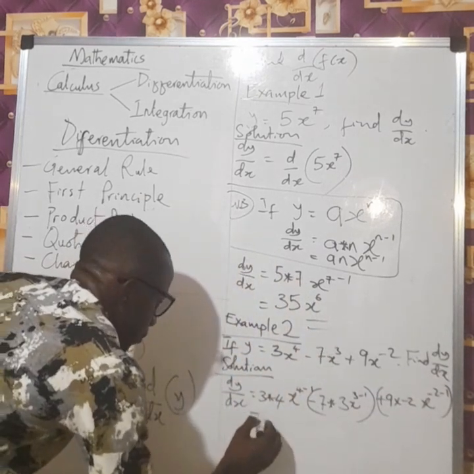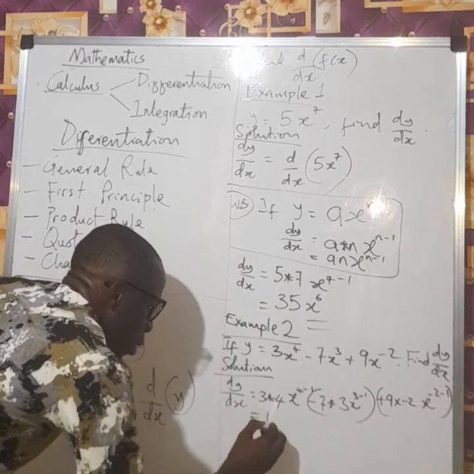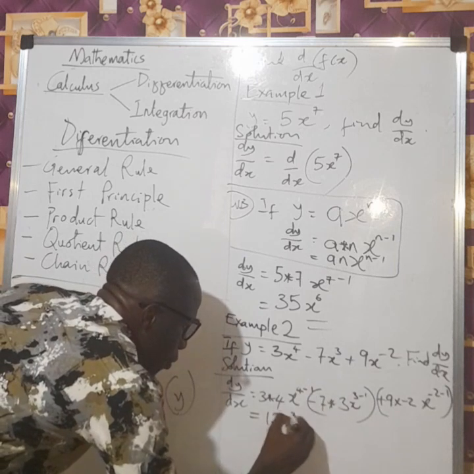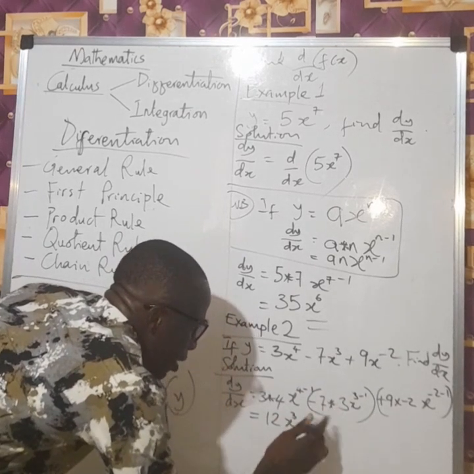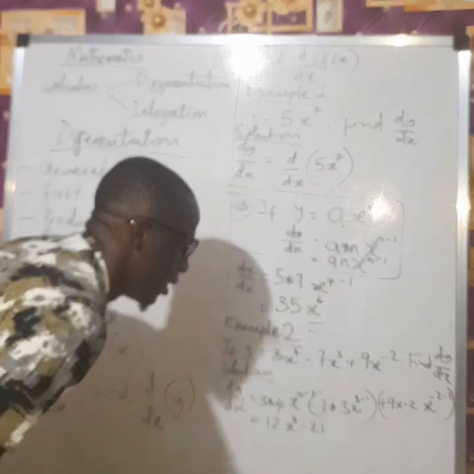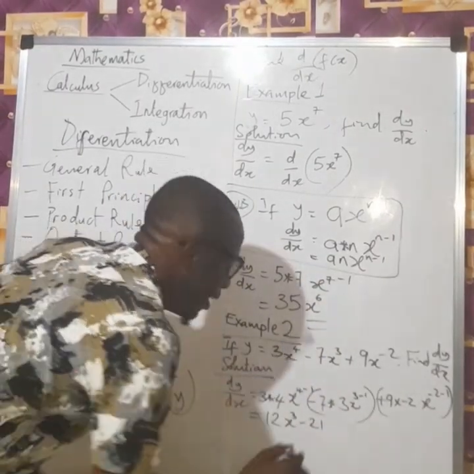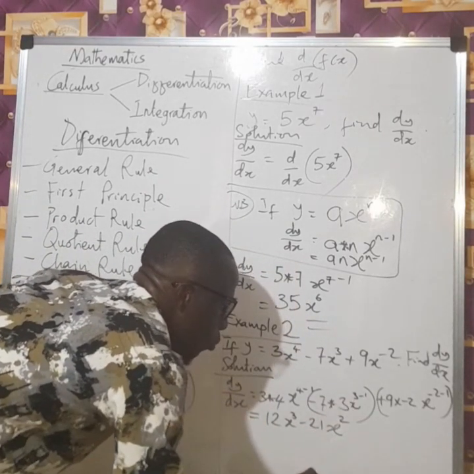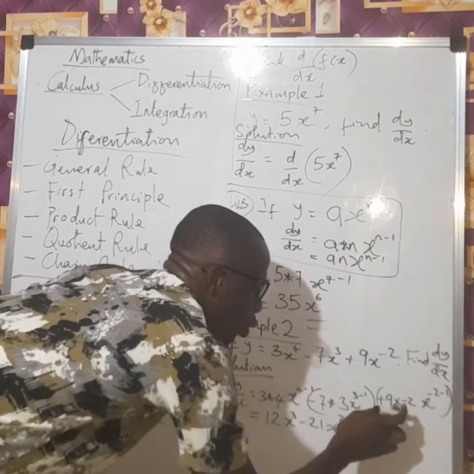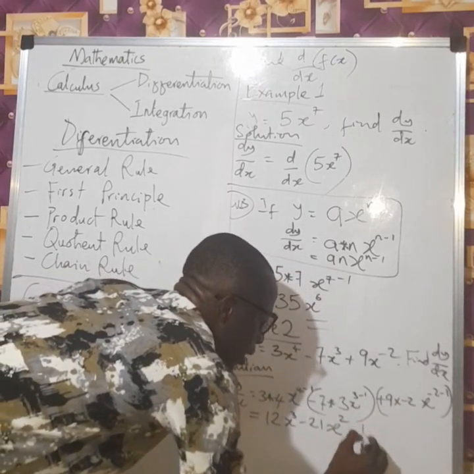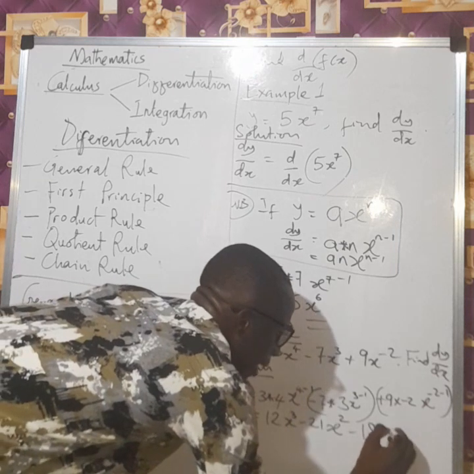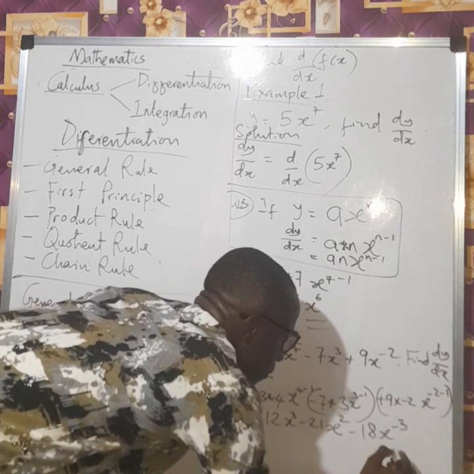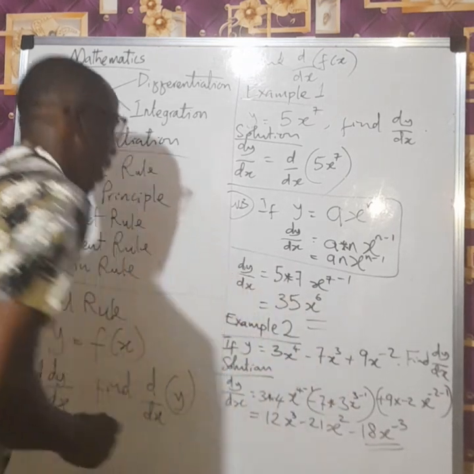This times this gives you 12 x raised to power 4 minus 1, which is 3. Then minus 7 times 3 gives you minus 21, then x raised to power 2. Minus 2 times 9 gives you minus 18, x raised to power minus 2 minus 1, which is minus 3. So this is your answer to that question.